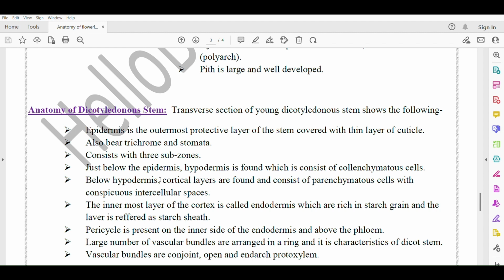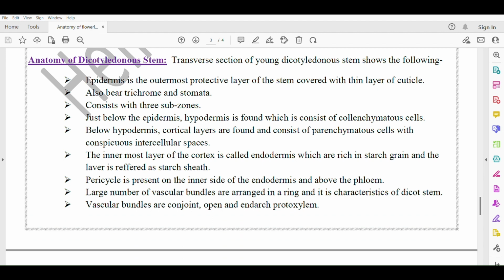Below hypodermis, cortical layers are found, consisting of parenchymatous cells with conspicuous intercellular spaces. The innermost layer of the cortex is called endodermis, which is rich in starch grains, and the layer is referred to as starch sheath.